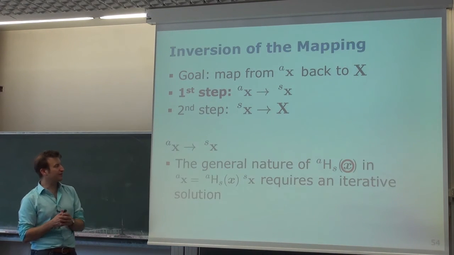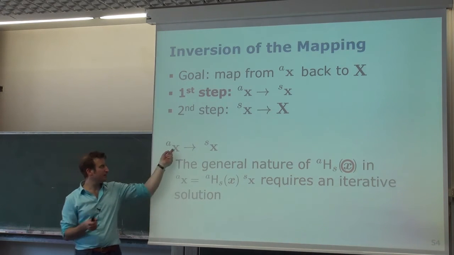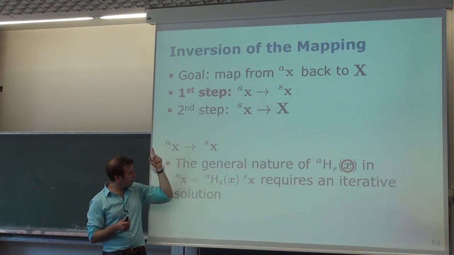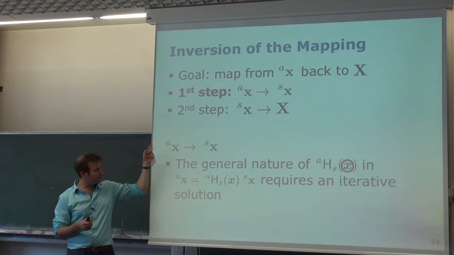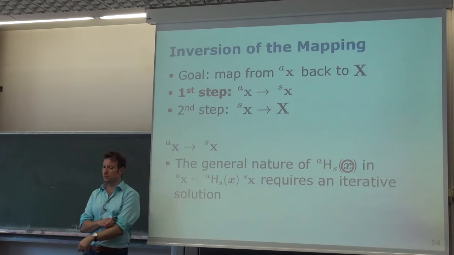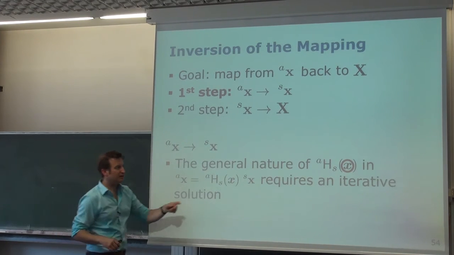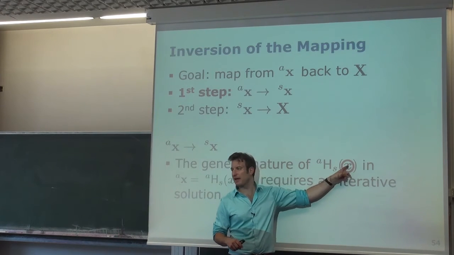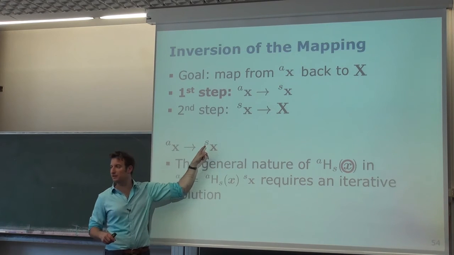Okay, let's start with the first step. We're going to go from A, from the location taking into account the nonlinear effects, back to the mapping in the sensor frame. The problem is that this transformation here actually depends on X, so I cannot easily invert that because I don't know the input value.